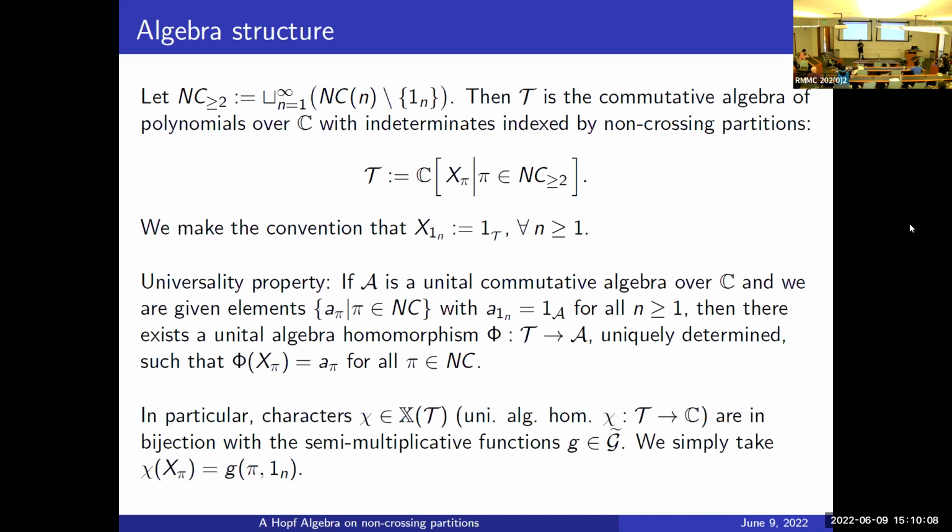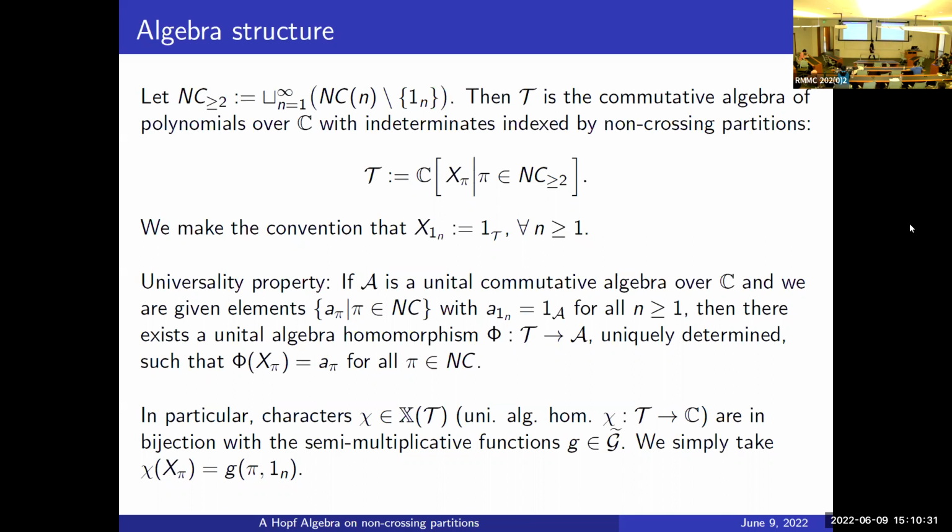Okay, now something I would like a lot about the algebra is going to be the characters chi, which are just unital algebra homomorphisms from my algebra T to the complex numbers.